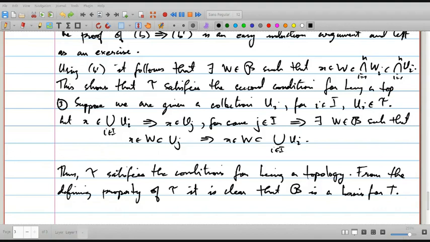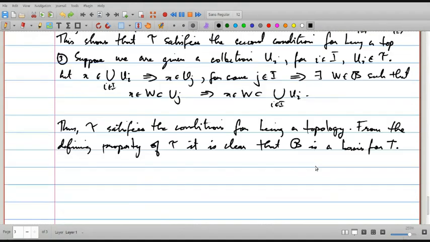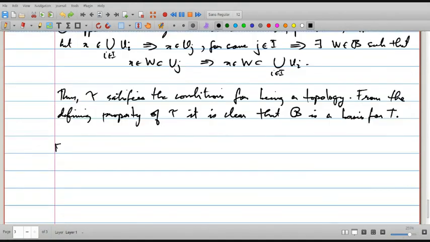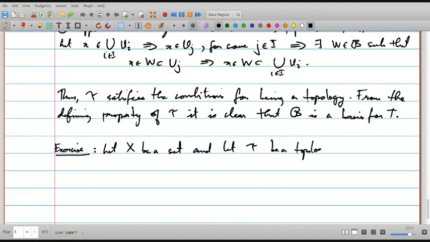So here is an exercise. Let X be a set and let tau be a topology on X. Let B be a basis for tau.